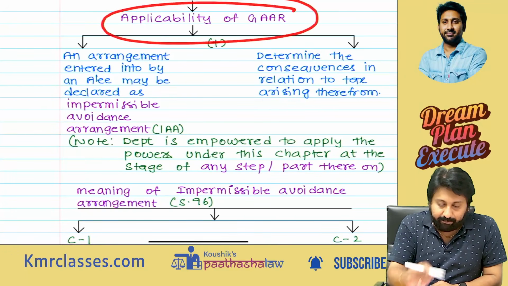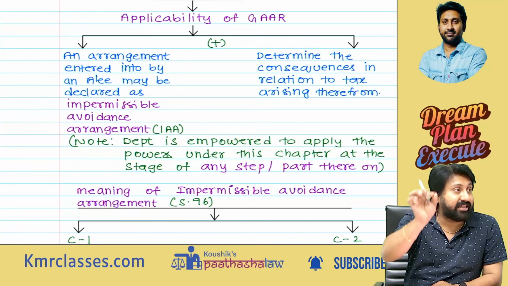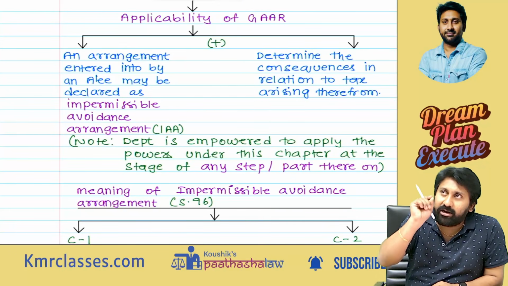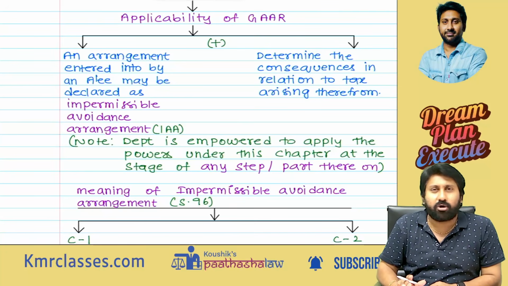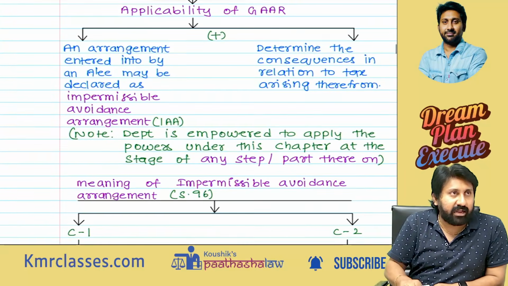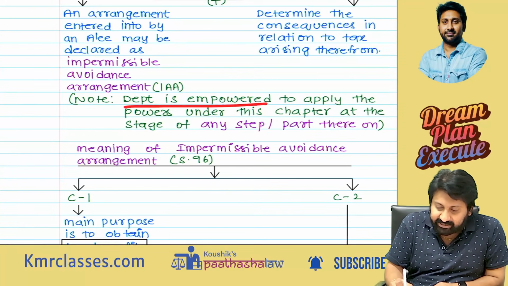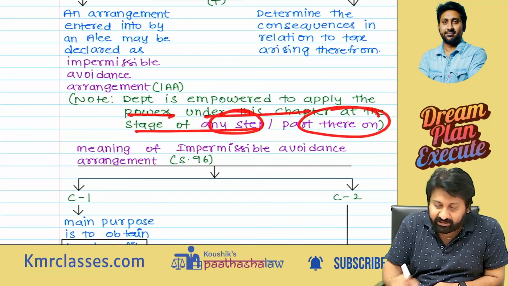Then only GAAR will apply. It means an arrangement should be an impermissible avoidance arrangement. If you are going into a tax avoidance agreement, that should be permissible. It should not be impermissible. If there is an impermissible transaction, then GAAR will come. So see, the department is empowered to apply the powers under this chapter at the stage of any step or part thereof.